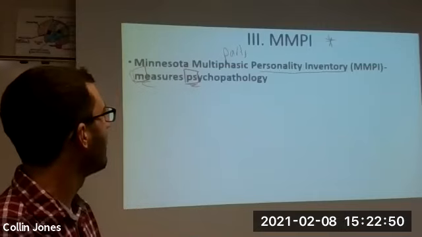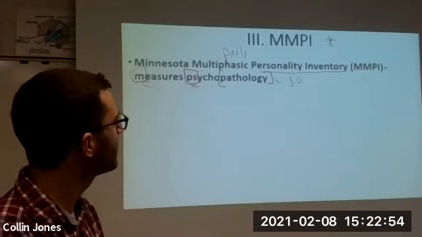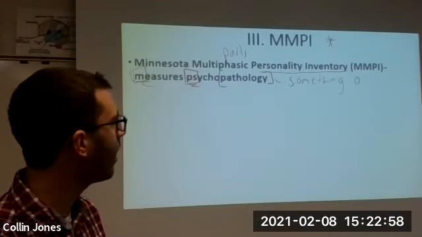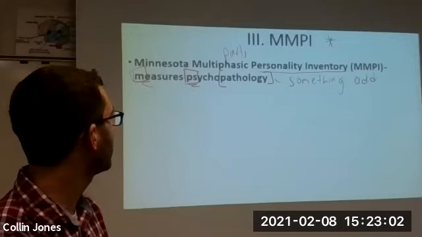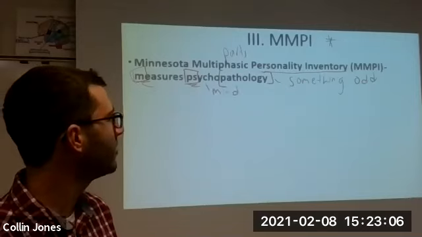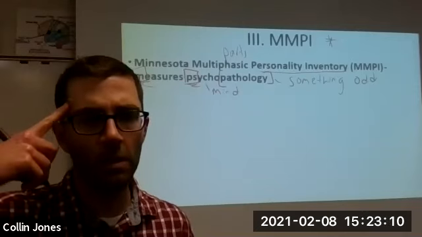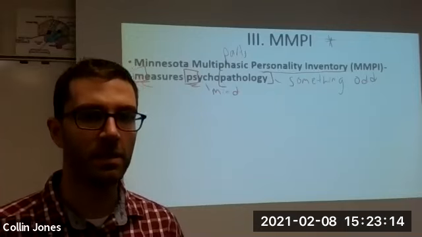Pathology, this root, is when something is wrong, weird, off, unusual. Psycho has to do with your mind. So psychopathology is the study of whether there is something different about your mind. That's what this test is.